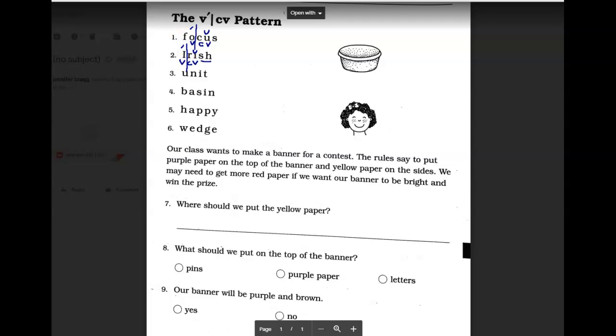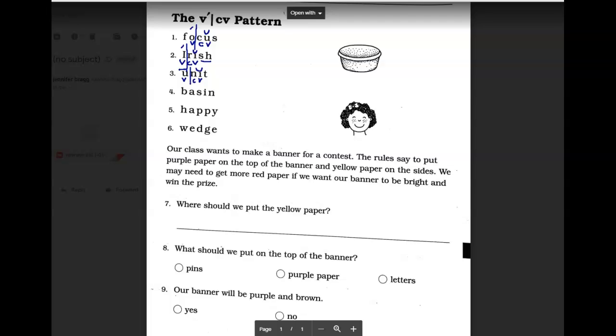Accent first syllable. Unit, unit. Same thing. Look for your vowels. Consonant. We have a long U sound, short I sound. Basin, basin. So we have 2 syllables there.